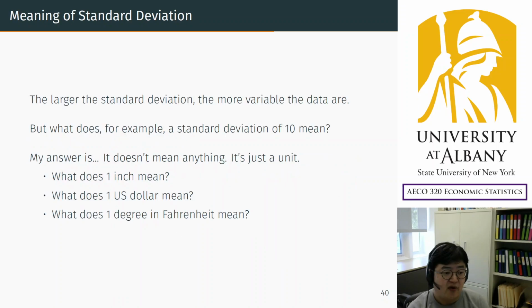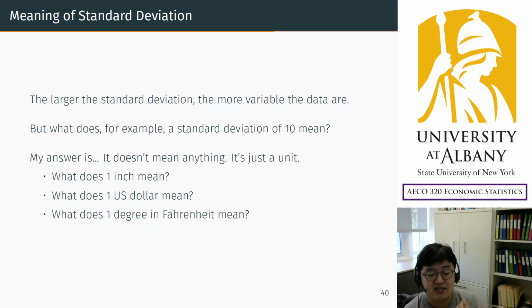Okay, so then another important discussion. I said standard deviation is in the same unit. Then what does it mean actually? My answer is, say for example, in our example, standard deviation was 12. Like mean was $6 and standard deviation was $12. What does that mean?